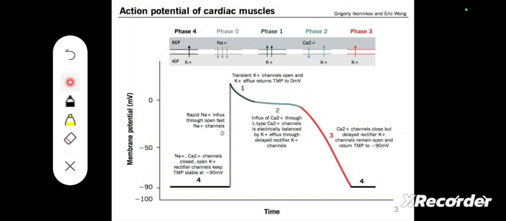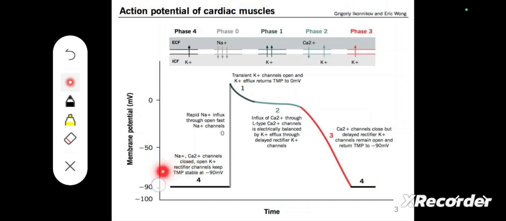When the myocyte is depolarized, the stimulus usually comes from the neighboring myocytes. When the stimulus comes from the neighboring myocyte, the myocyte is depolarized. So in that situation, there are more sodium and calcium ions inside the cell.